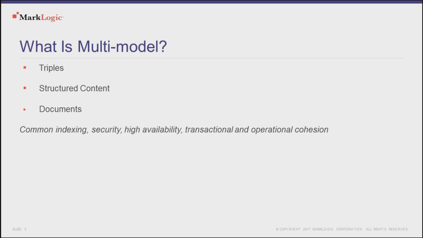So if you saw the keynote this morning, you'll have heard about multimodal databases. A multimodal database is a database that can store triples, structured content, documents, geospatial data, text, binaries, and other data types all together in one place.